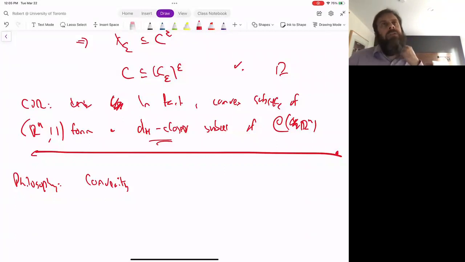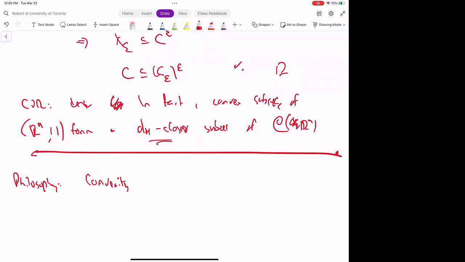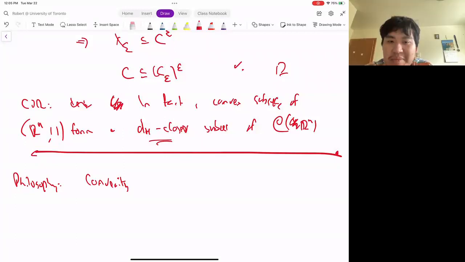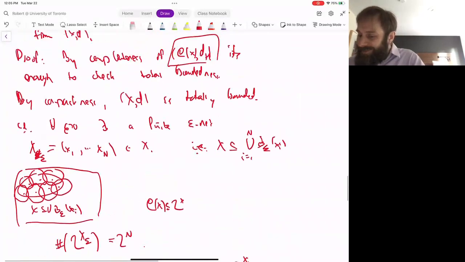Do I need it to be bounded? I guess C of Rn is not compact if Rn is not bounded. Why is it non-compact? Don't you need the space to be compact? Do I need this? Oh yes, it inherits compactness. Oh yes, okay, thanks.